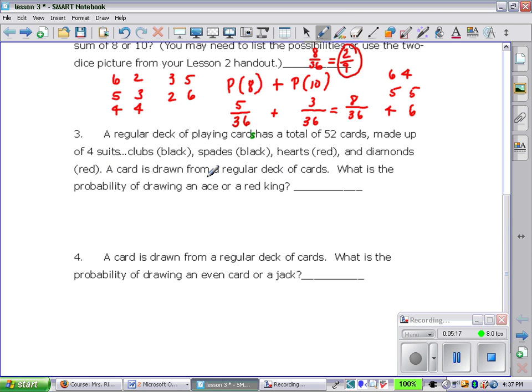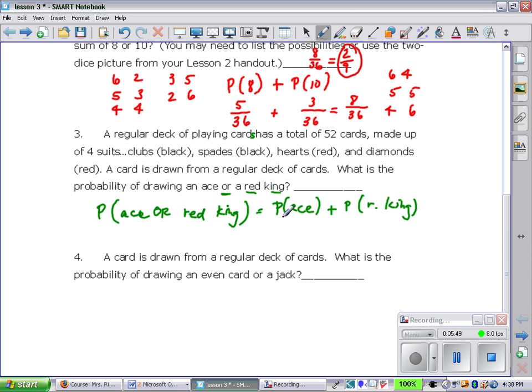A card is drawn from a regular deck of cards. So we're just going to draw one card. What's the probability of drawing an ace or a red king? So that means we want the probability of an ace or red king. So we can say probability of an ace plus the probability of a red king.